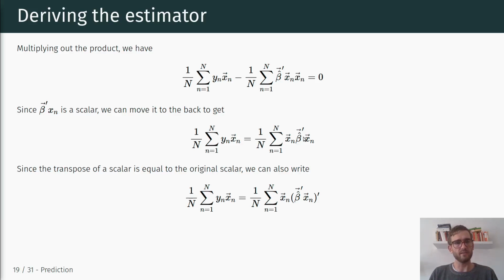But if we have a scalar, an individual number, a 1 by 1 matrix, taking the transpose of that is still the same matrix, right? So that means we can take this beta prime x_n and take the transpose of that, and that's still the same exact number, right? This is now just taking the transpose of this part back here.